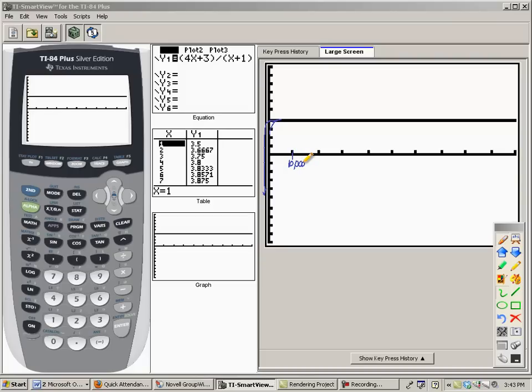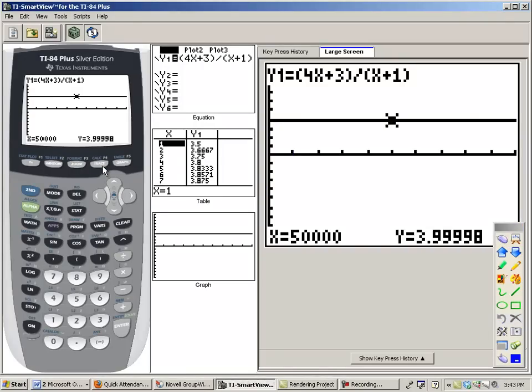The problem is I need this in order to complete my table, because if I want to pick a value, let's say I hit my trace button, I can pick any value I want. Let me start with 10. If I pick that x is 10, we can see that y is 3.91-ish.